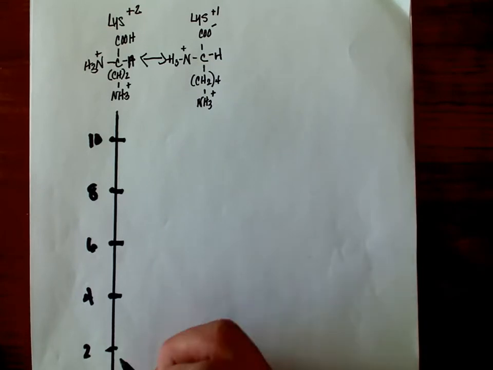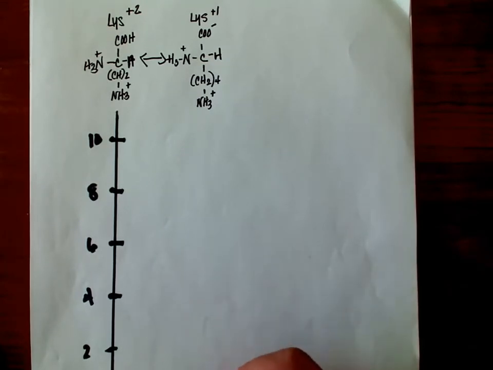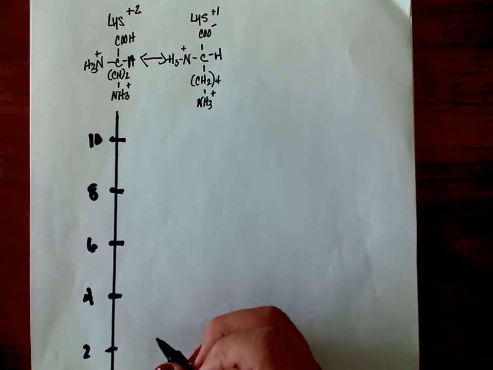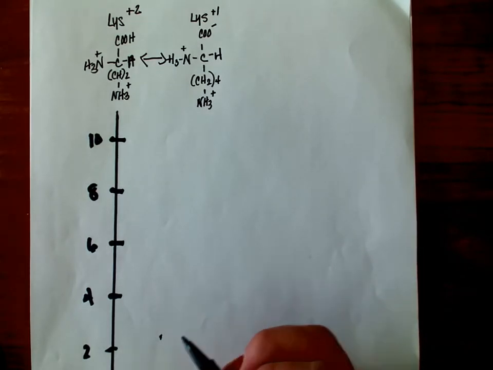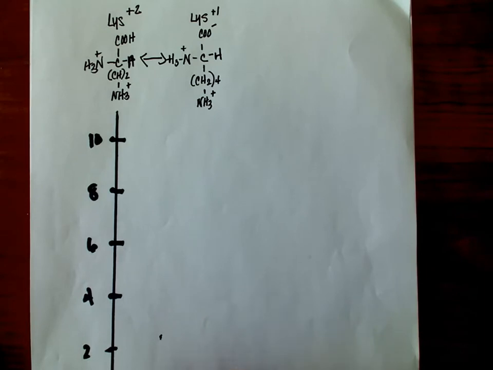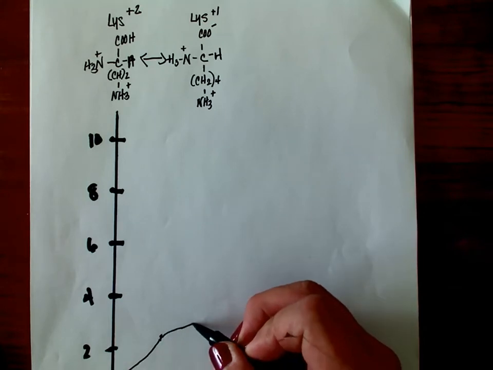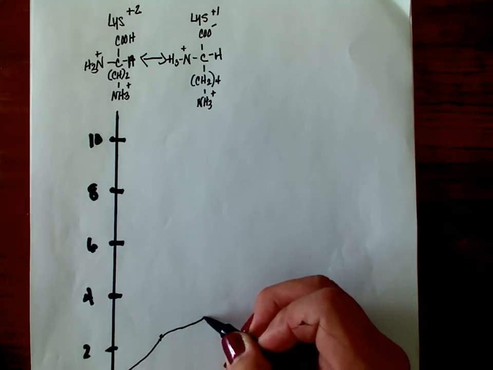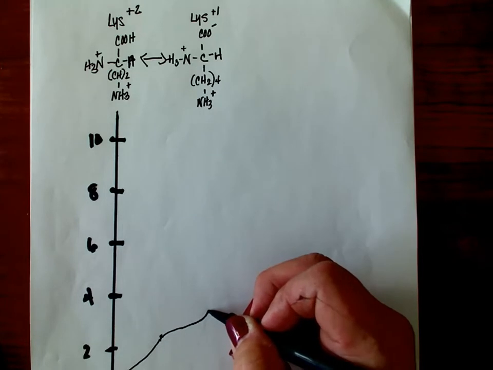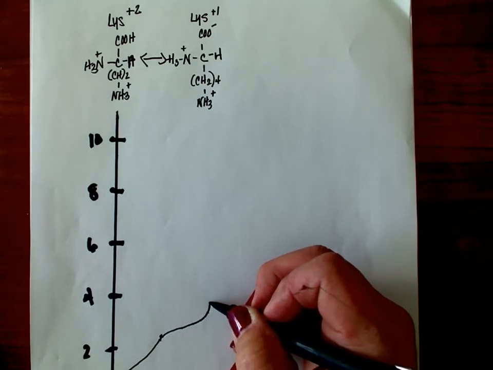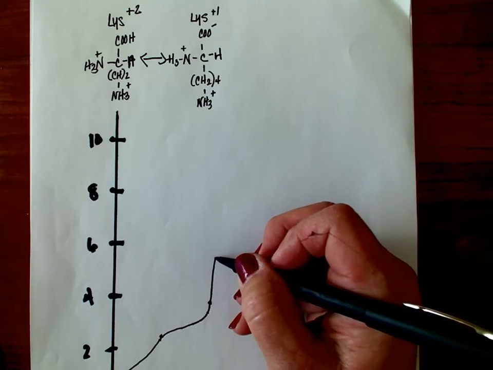So that means there's about 2.2. We won't have another ionization until we hit the next pK.